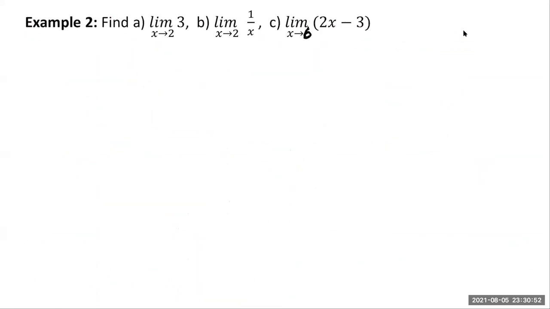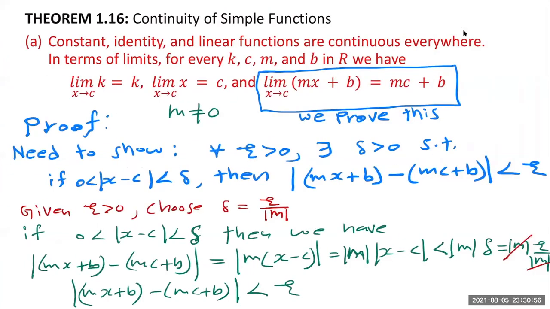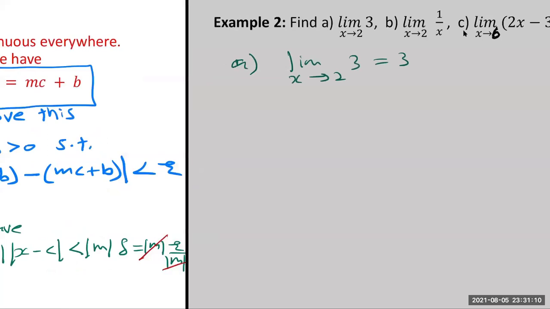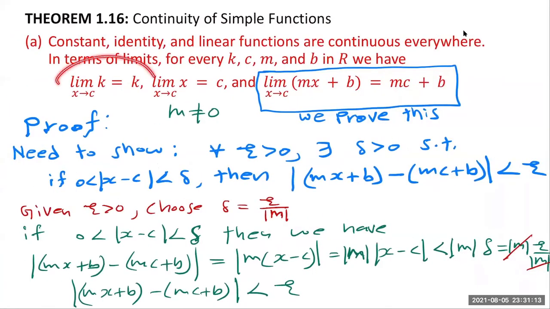All right, let's move on. Now we can apply. Let's see some applications of this theorem. Okay, so first part is clear, right? A limit as x approaches 2 of 3 is equal to 3 itself by the first part of the theorem. Okay, we have a constant function, limit as x approaches c of a constant is equal to the constant itself.